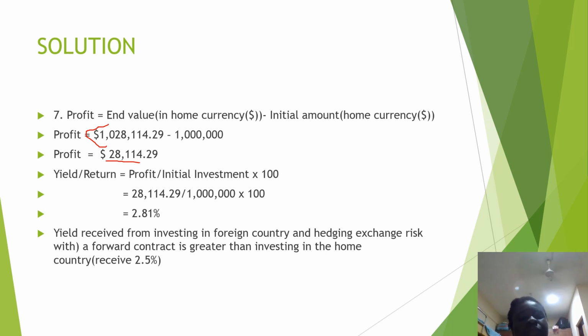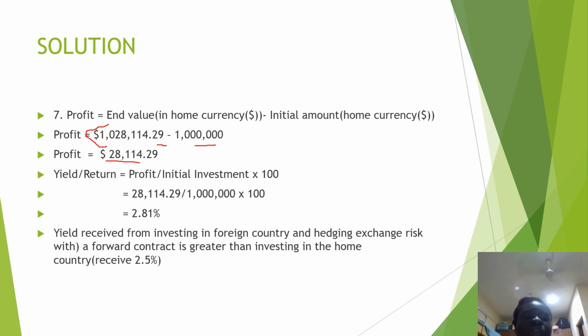Then to find the yield, it is your profit divided by your initial investment times 100. Suppose you didn't find the profit first, to find your yield it will be your end value minus your initial value, divided by the initial value, times 100.